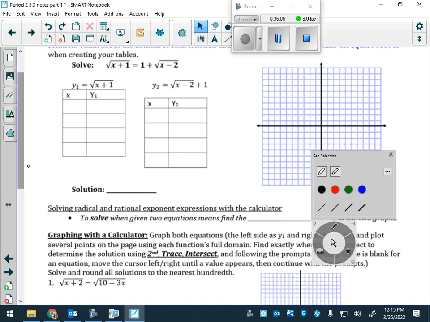All right? So who remembers graphing square roots? Brian, you do? Okay, that's good. So if you looked at the square root of x plus 1, where would you start that graph?